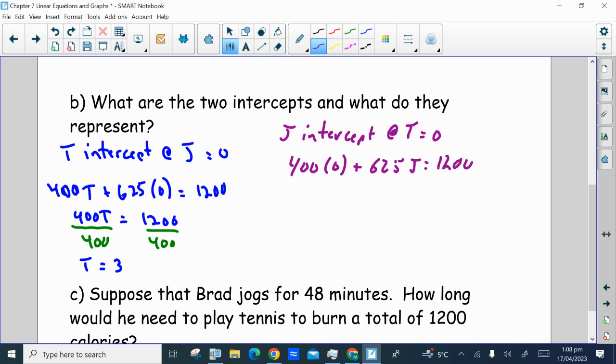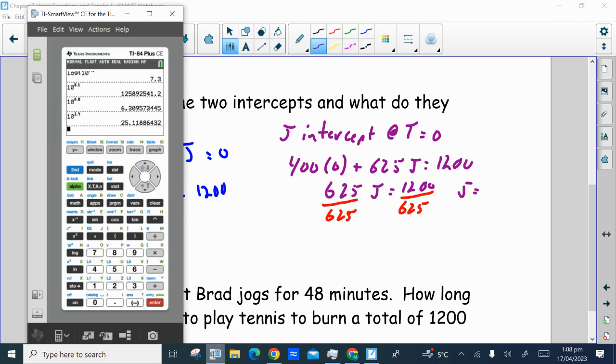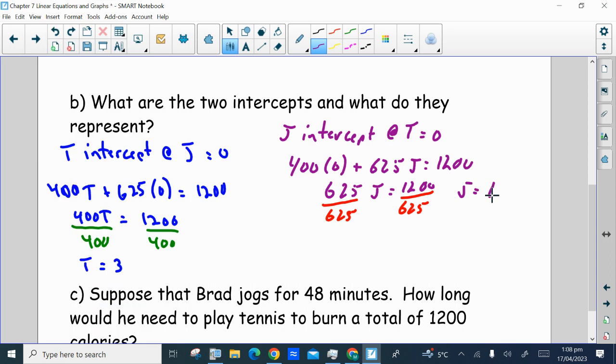And so 400 times 0 is 0. So you're just left with 625j equals 1200. And now if you divide both sides by 625 to get j by itself, on the right side, it'll be 1200 divided by 625, which is 1.92.